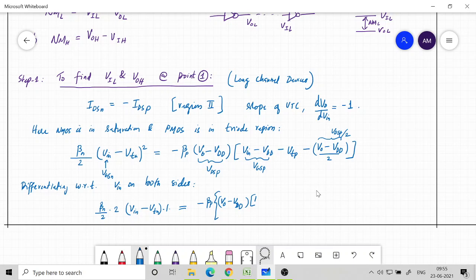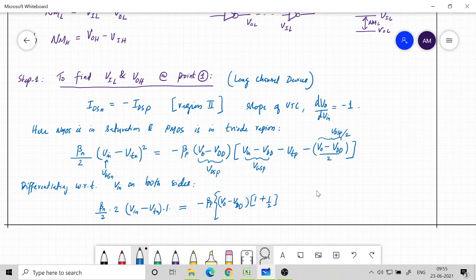Now there is a V naught here. So it's basically minus V naught by 2. So it will be dV naught by dV in, and that is minus 1. So I can write it as plus half.